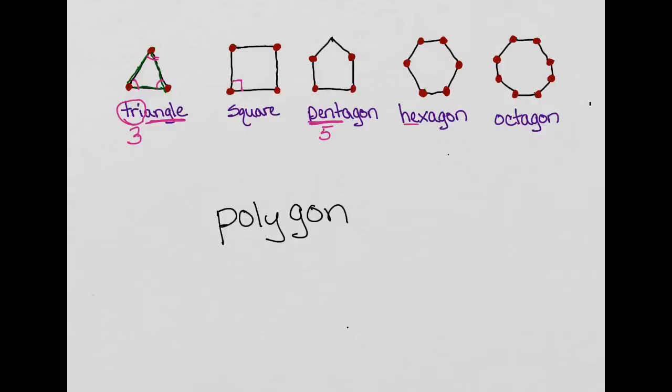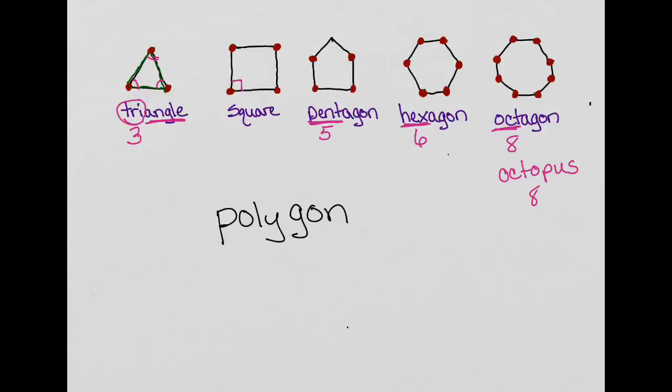Hex is 6. And octagon means 8. Oct is easy to remember because an octopus has how many arms? 8. So that's going to help you remember that shape.